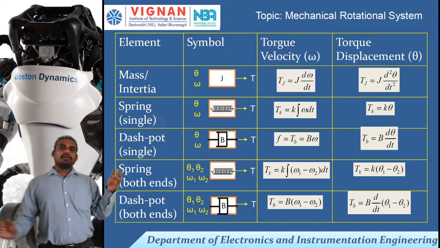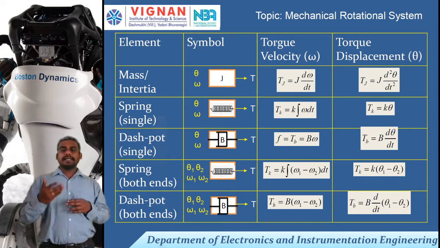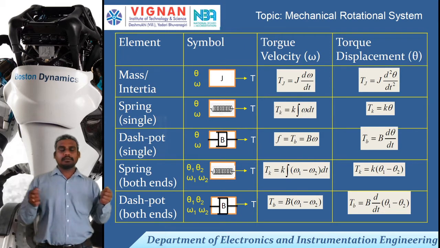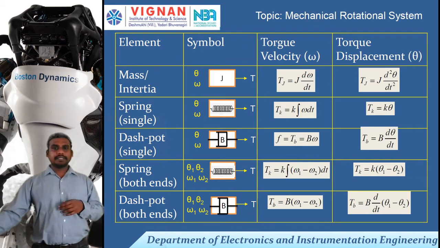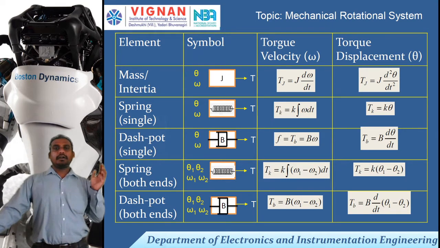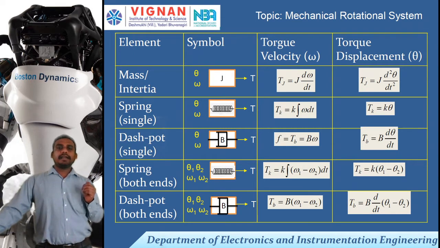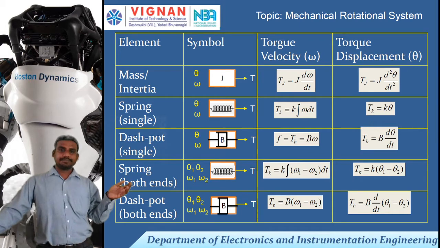We have given the spring, mass, and damper for the mechanical rotational system when both ends are movable. The first three represent the elements with a fixed end. When both ends are movable, we represent angular displacement as theta 1 on one side and theta 2 on the other side.